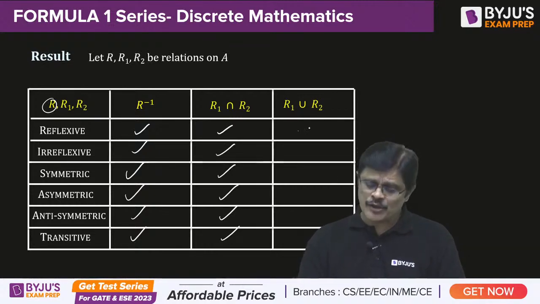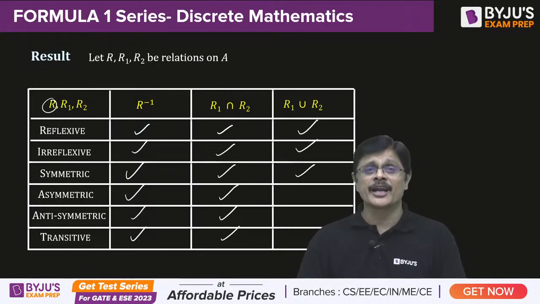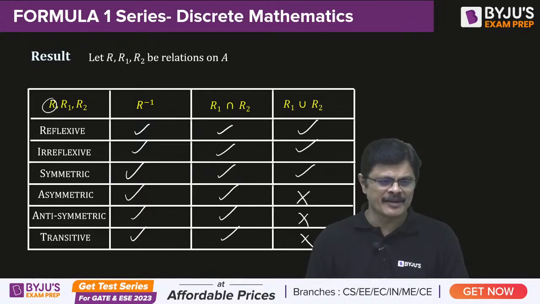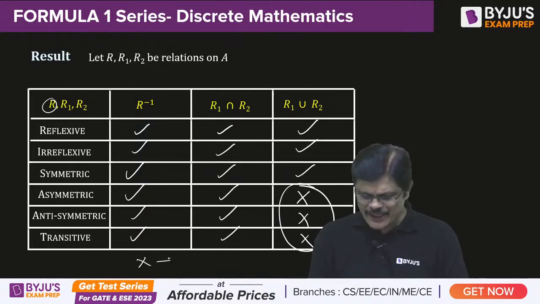Union of reflexive relations is reflexive. Union of irreflexive is irreflexive. Union of symmetric relations is symmetric. But these are the three failure cases. Please remember, my dear friends. Now these are the cases which we need to understand as need not be.